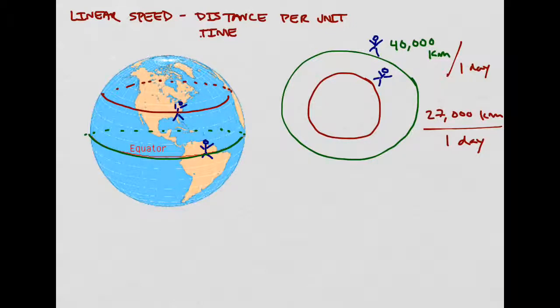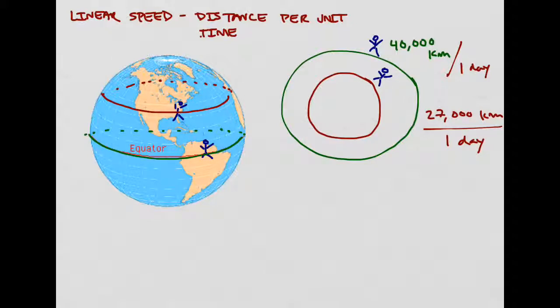Tangential speed, or linear speed, has a relationship with the rotational speed of the object, in this case the Earth rotating at a rate of 1 time per day, and also with the radial distance from the axis.